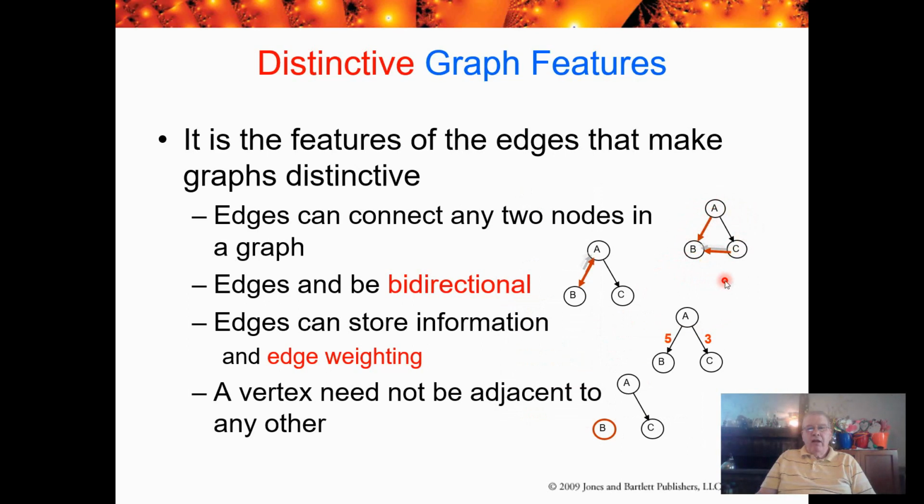Now, an interesting thing that the slides don't say, but when you go to delete a node or a vertex, an edge doesn't exist without two endpoints. So if you were to delete vertex A, you would end up also having to delete these two edges.